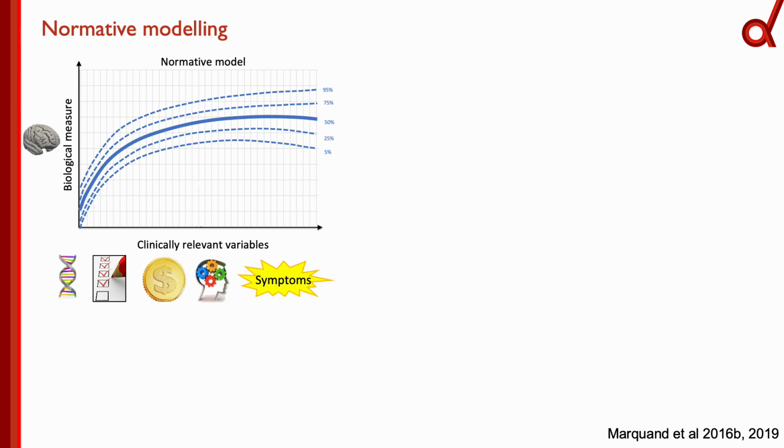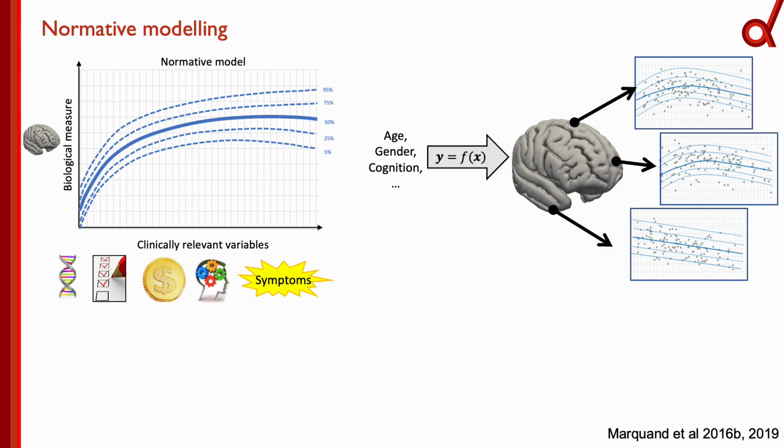But effectively, we can choose any variables we like for this kind of mapping, so genetics, cognitive scores, symptoms, etc. By doing this at effectively every sample brain location, we can generate some kind of multivariate mapping that describes how these changes are reflected in biology.